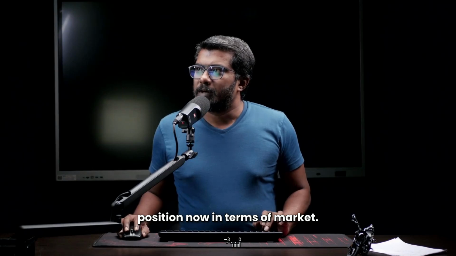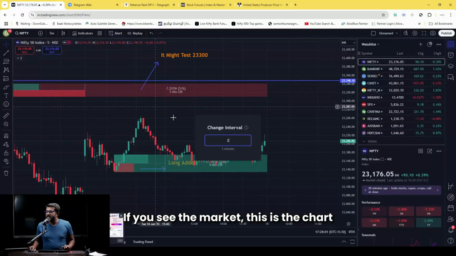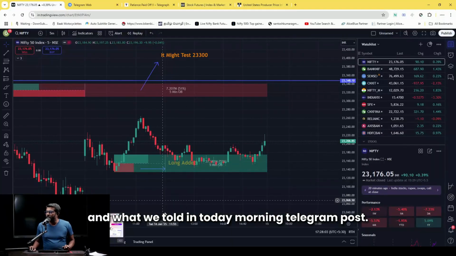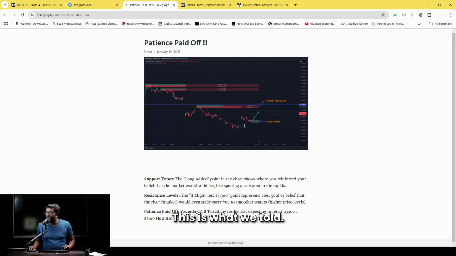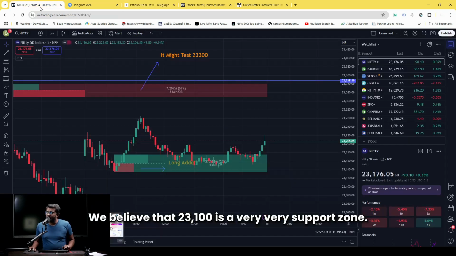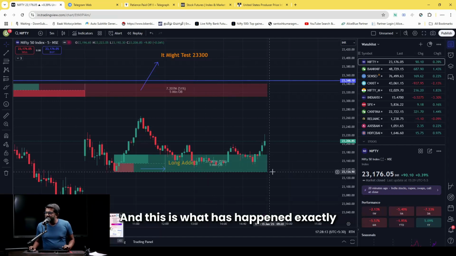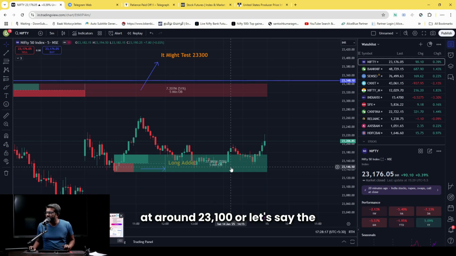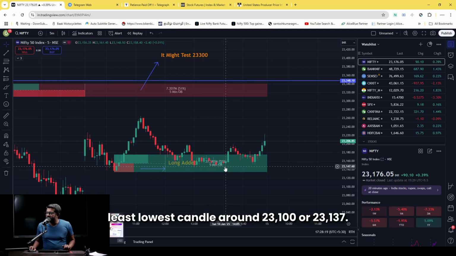Now in terms of the market, this is the chart, and this is what we told in today's morning Telegram post. We believe that 23,100 is a very, very strong support zone, and this is exactly what has happened. At around 23,100, the lowest candle was around 23,100 or 23,137.